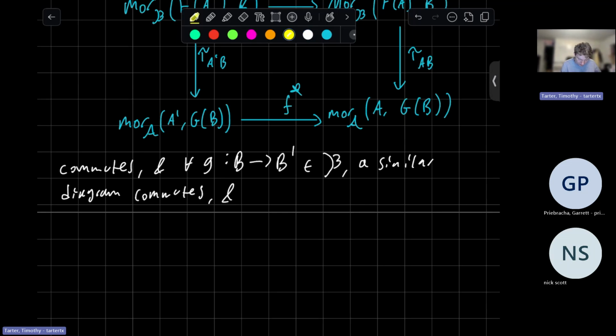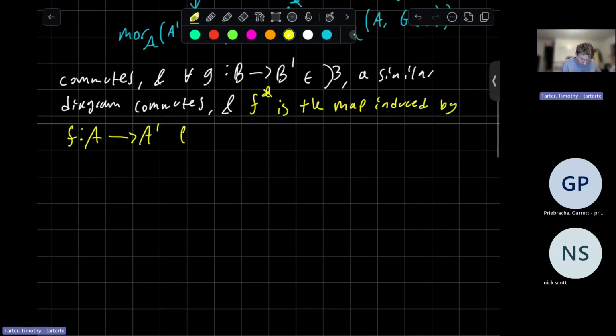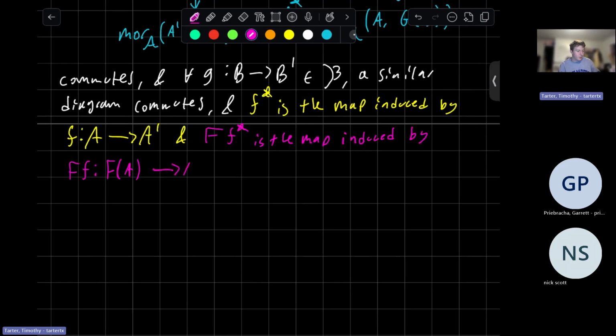Clarifying the notation, F star is the map induced by f from A to A prime, and the functor composed with F star is the map induced by the functor composed with f, from F of A to F of A prime. And naturally the same thing carries over for G.